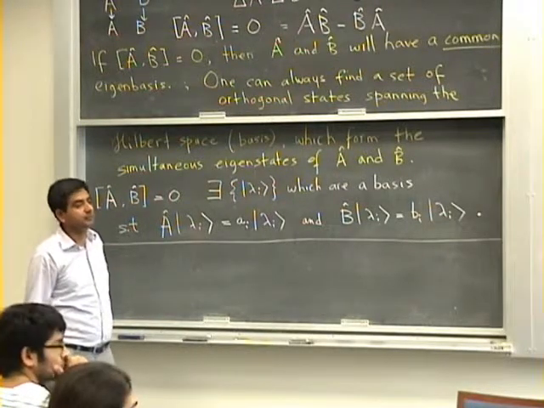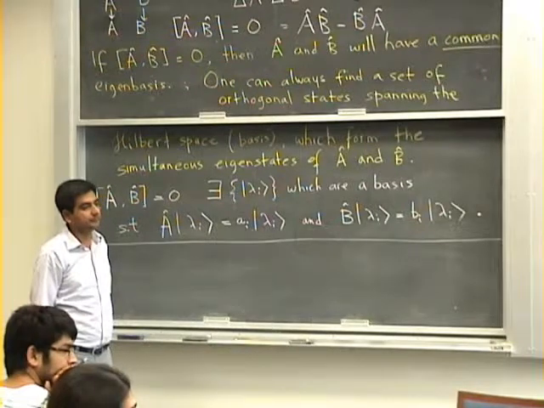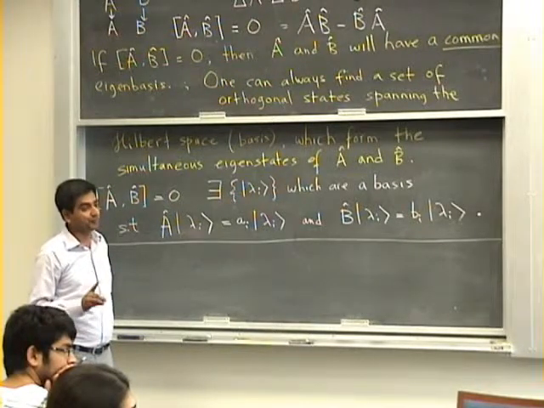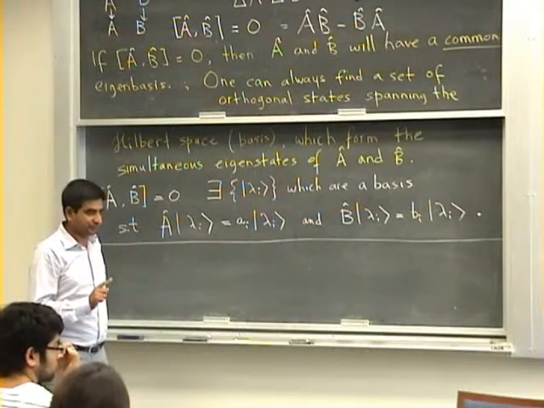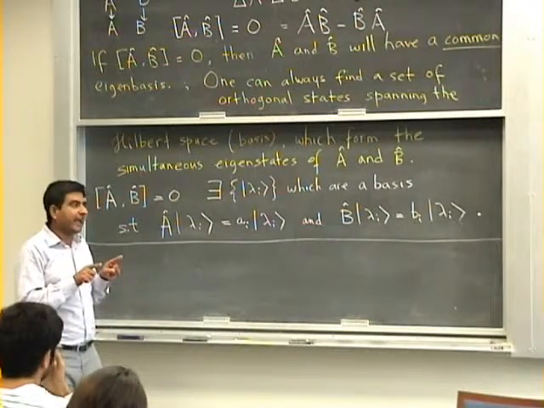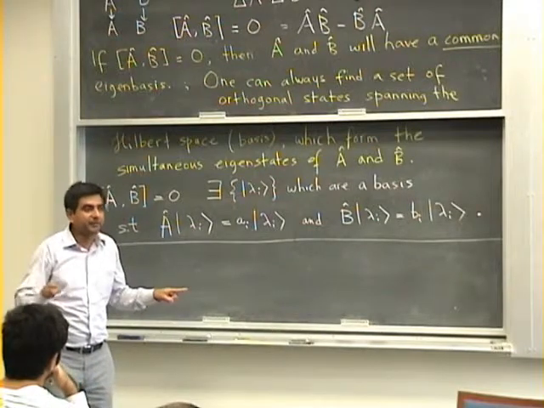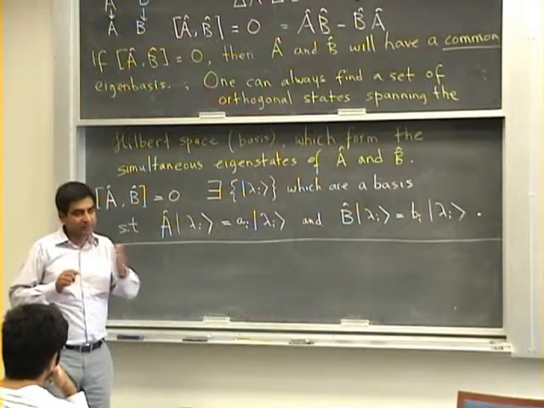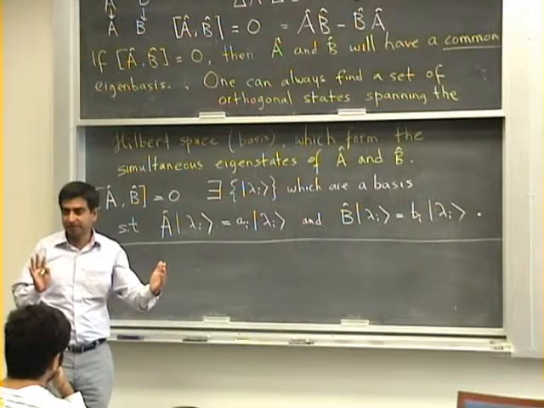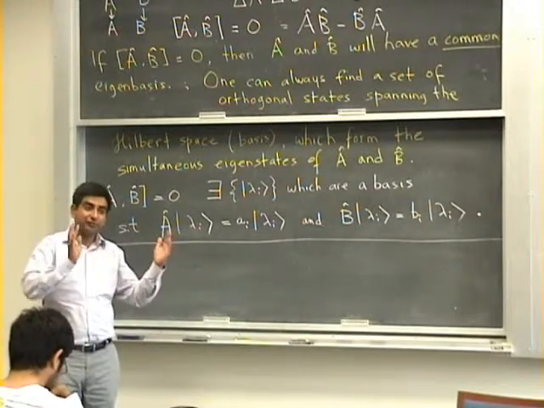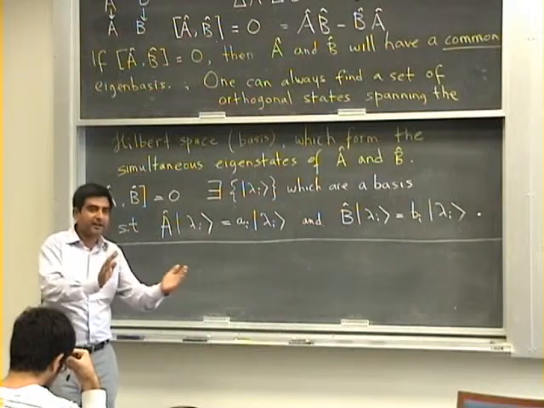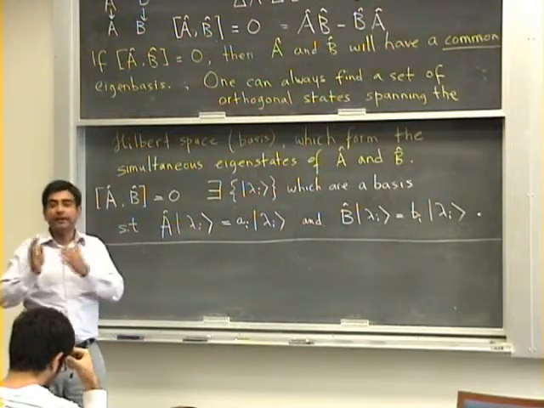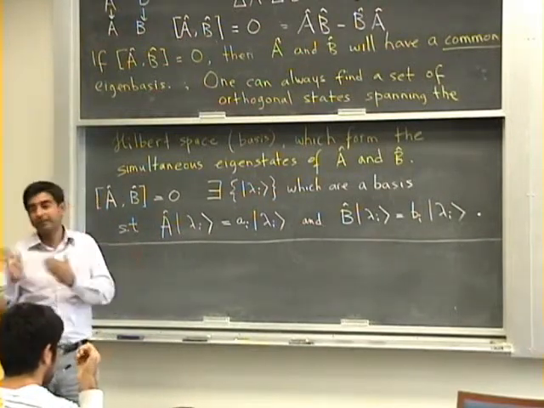So here, this is true for any two observables A and B which commute. You can find a common eigenbasis. There is a set of states that form a basis for that Hilbert space. You can always choose a basis which comprises vectors that are eigenvectors of A and B at the same time.